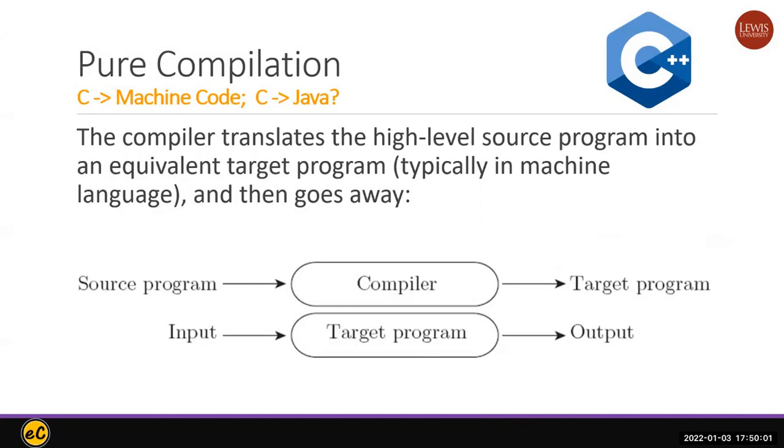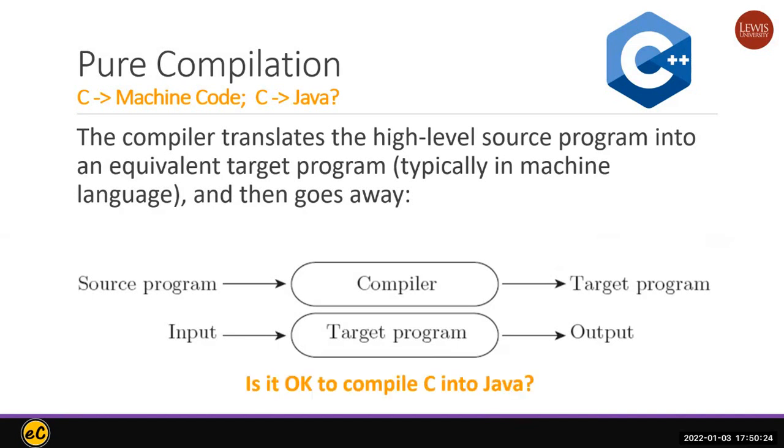That's similar to someone who writes an essay, say, in Japanese, and then someone translates the whole article in one go, okay? That's called compilation.